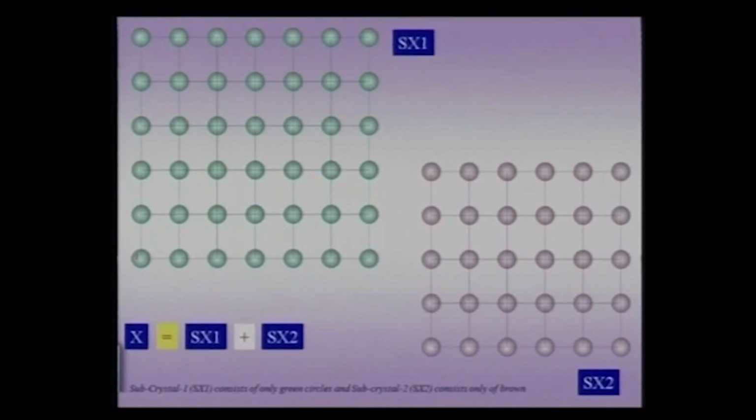Similarly, there is no difference overall between this green crystal and the brown crystal, except that the brown crystal consists of a similar kind of unit cell, but now decorated with a brown circle. So my crystal, which I can now call a supercrystal if you wish, can be thought of as a superposition of subcrystal 1 and subcrystal 2.